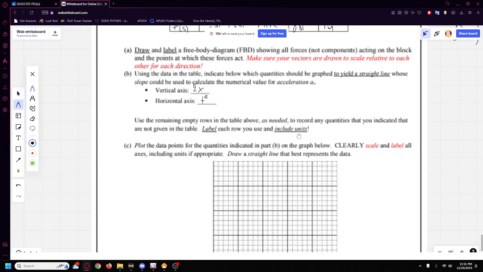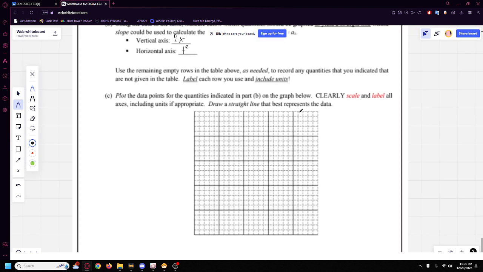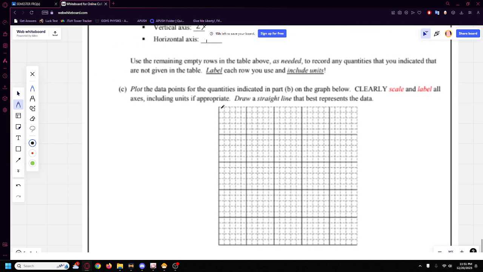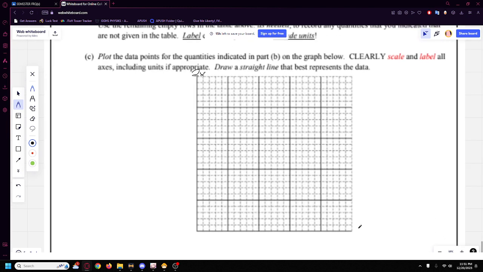Part C asks to graph it and label it. So this is 2x, this is t squared.